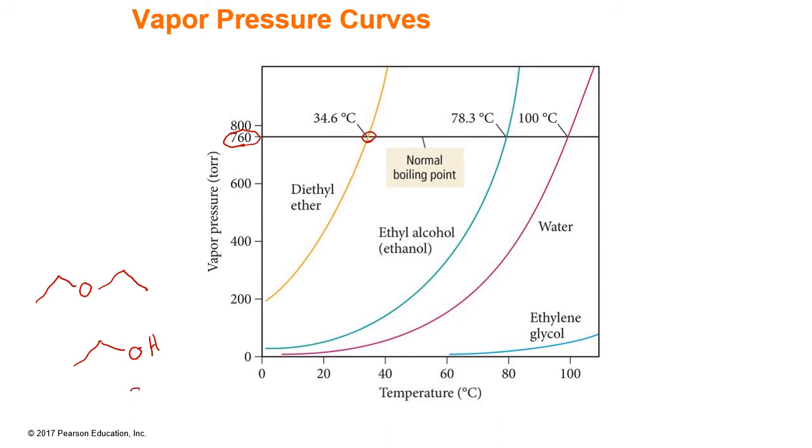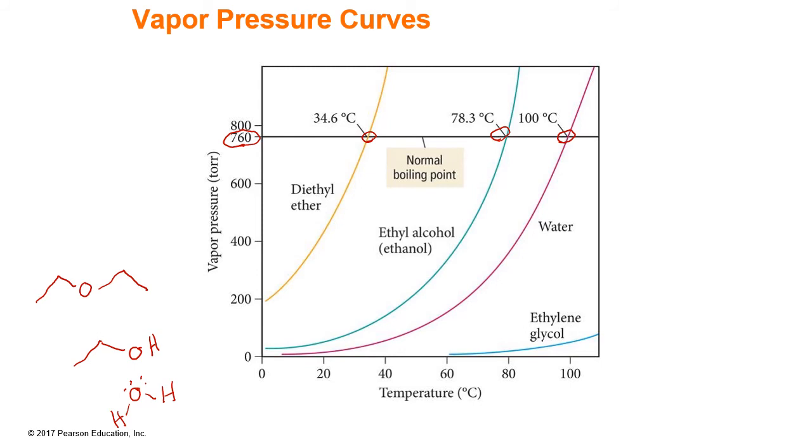And water has even stronger intermolecular forces, which we can see because of its higher boiling point than ethanol, with a boiling point of 78.3 degrees Celsius. If we want to compare these and their intermolecular forces, our intermolecular forces increase across our graph.